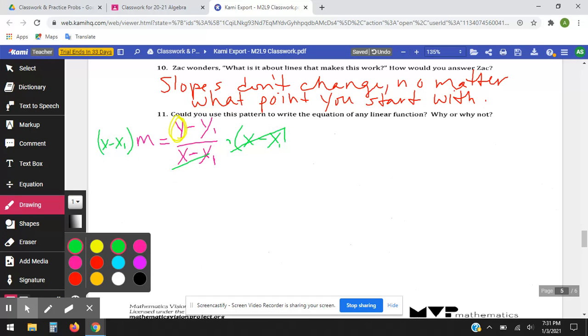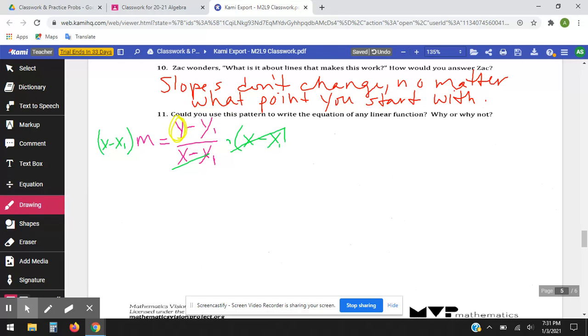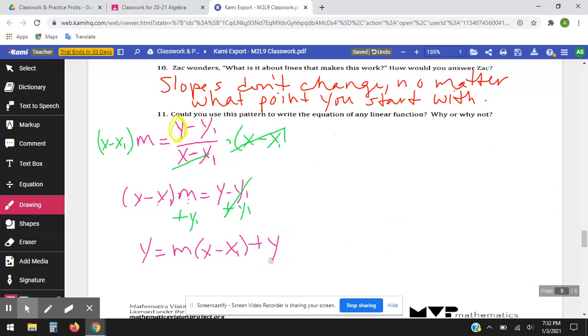That makes these guys cancel. And now we're back to x minus x1 times m equals y minus y1. Well, how do I get rid of minus y1? I have to add y1. So we're going to add y1 on this side. These cancel. I'm actually going to flip it around at this point. So y equals m times (x minus x1), just switching those around, I can do that with multiplication, plus y1.